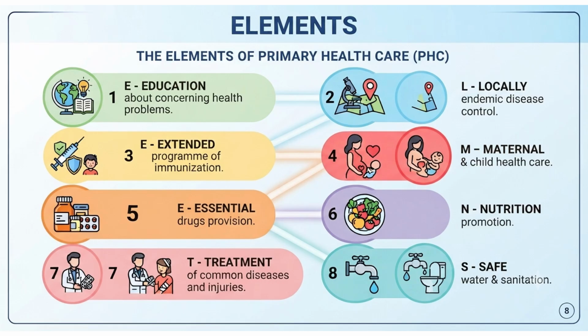The seventh letter is T. T means treatment, that is treatment for common diseases and minor injuries. And the eighth letter in elements is S. S means safe, that is provision of safe water and sanitation, one more element. So with the spelling of elements only, you can remember all the elements of primary health care.